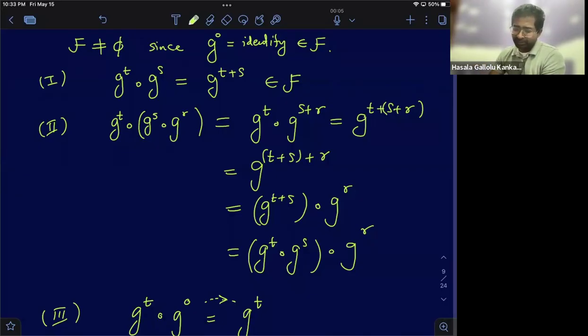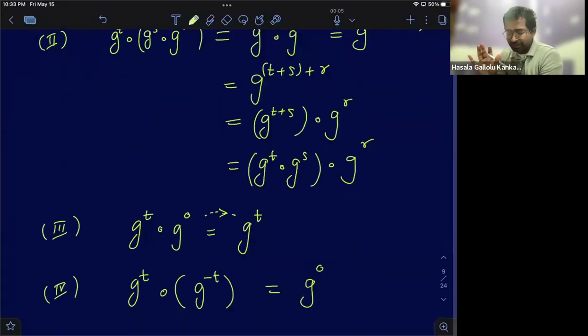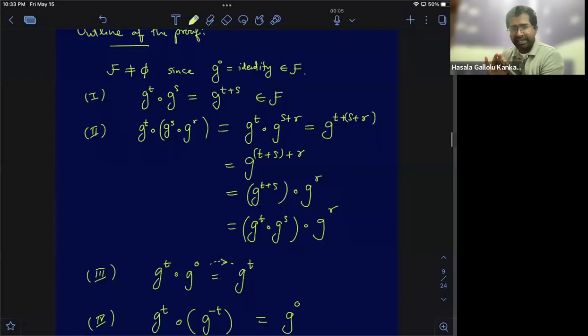Up to this point, everything is fine, but look at this. The key takeaways are, first of all, there should be an identity that makes sense. There should be this associativity. This is a natural property.